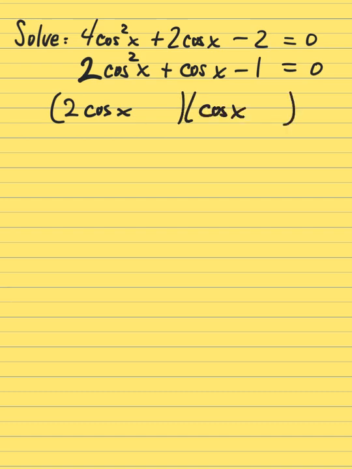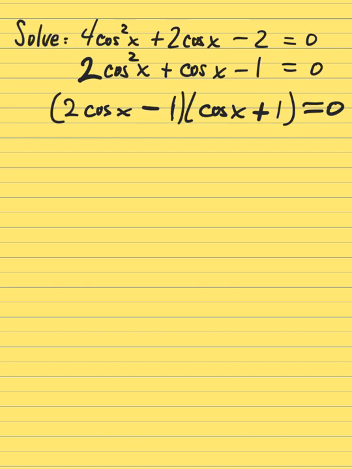The third term is 1, so that only has 1 and 1 as possible factors. Now this has to be able to FOIL back out to a positive cosine in the middle. So we're going to need a positive 2 and a negative 1. Outer and inner have to equal that. And so they do. If you check it with the FOIL method, that does FOIL back out to the 3 terms above.